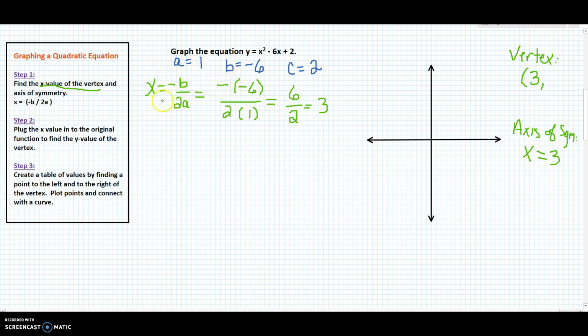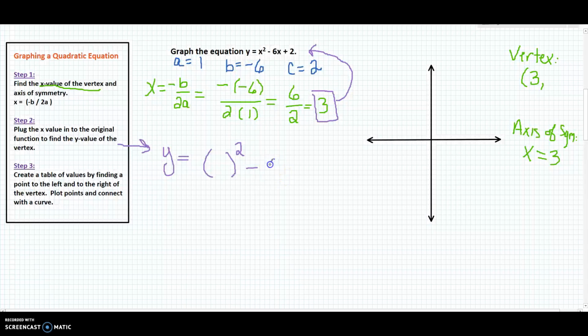The next step says we need to take that information, this x value, and we're going to plug it into the original equation. So we get y equals x squared minus 6 times x plus 2, and my x value is 3.